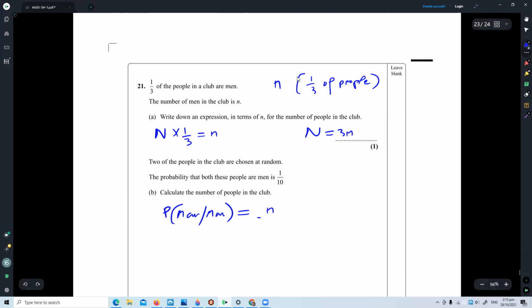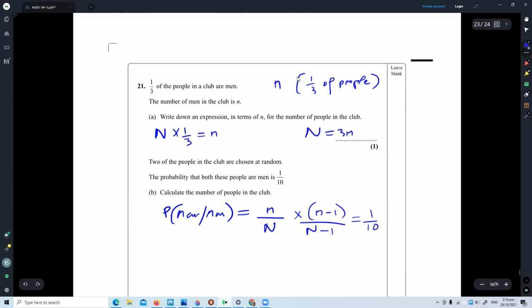So little n over the number of people in the club, which is big N. And then I multiply this by how many men I have now, which is little n minus 1. And there's one less person in the club, so big N minus 1. And that probability should be equal to 1 over 10.